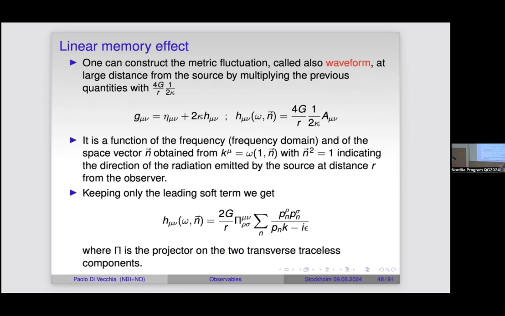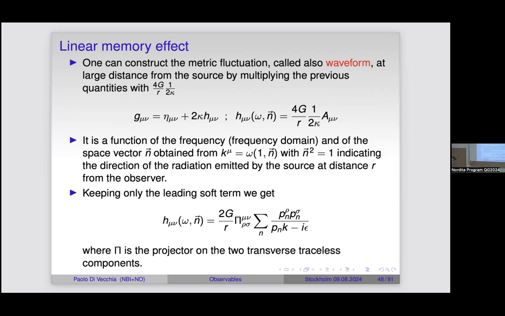Now you can compute the linear memory, so the waveform. You can construct the metric fluctuation, called the waveform, at large distance from the stars by multiplying. People have computed this by solving the Einstein equation.